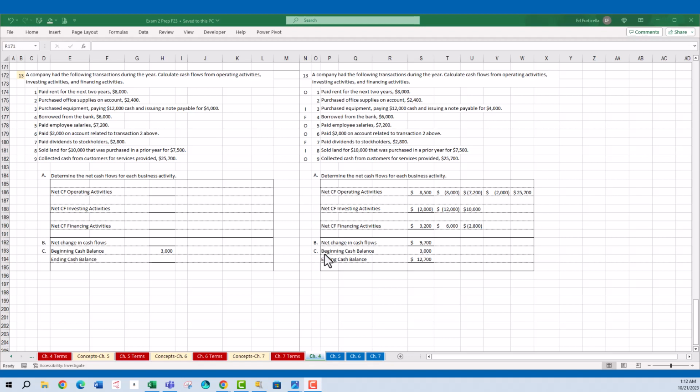If our beginning cash balance was $3,000, our ending cash balance is $12,700. This problem gives you practice with determining what's an operating, investing, and financing activity, calculating the net cash flow amounts, and determining the new cash ending balance.